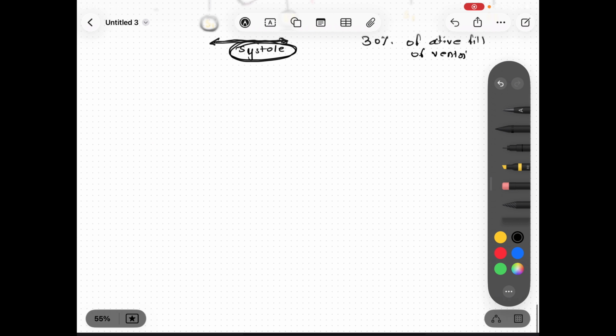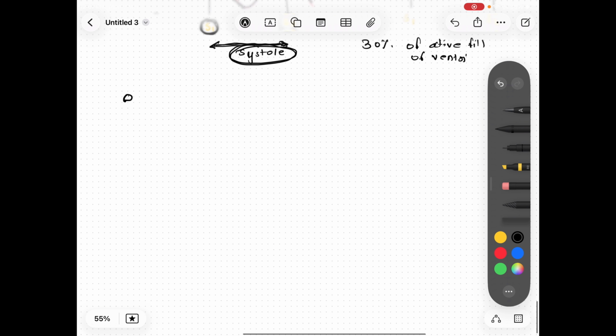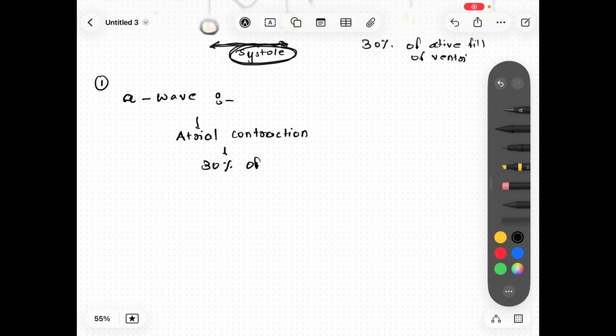Now starting with each wave in detail. First one is A wave. We already know that this is due to the atrial contraction, which forms 30% of ventricular filling.